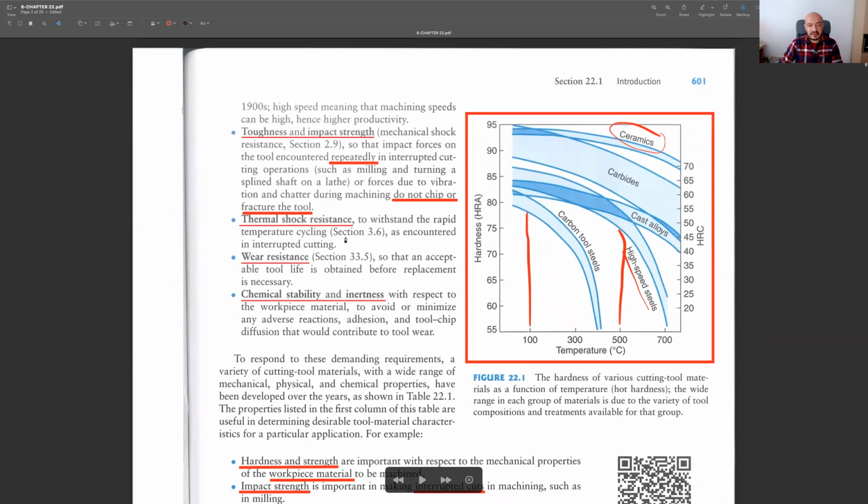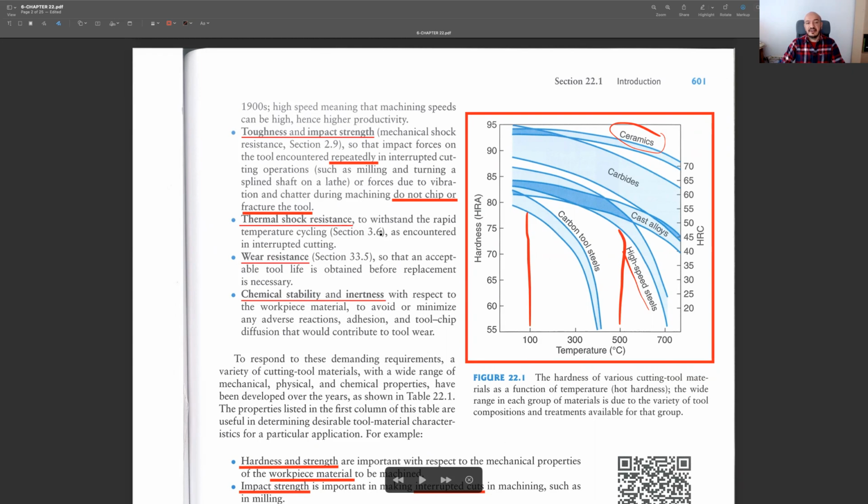Another property we want our cutting tool material to possess is thermal shock resistance, because during the machining operation we may have some rapid temperature cycling, which means that temperature might be, let's say, around 500 for 1 minute, and then for another minute it may be around 100.